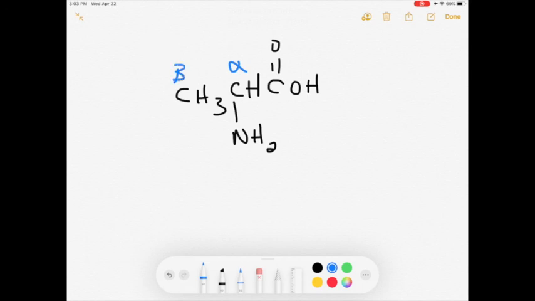So we would name this, it's 3 carbons, so it's propane, and so we would name it propanoic. And since the amine is on the alpha carbon, it's called alpha-aminopropanoic acid.